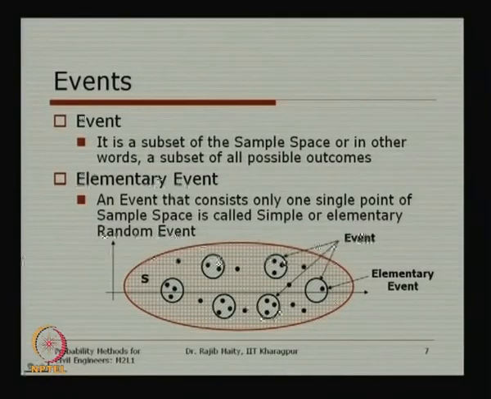Similarly, if I say the outcome is less than 5, these are all events, and one particular event may have one or more than one sample points. So the concept of sample space and event is very important, and that will help us to understand the concept of probabilities.